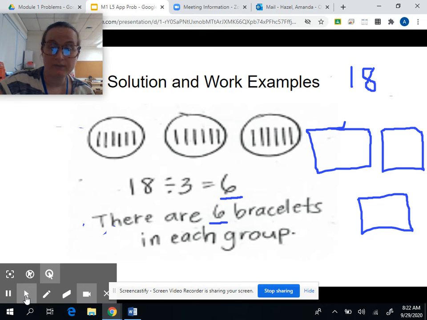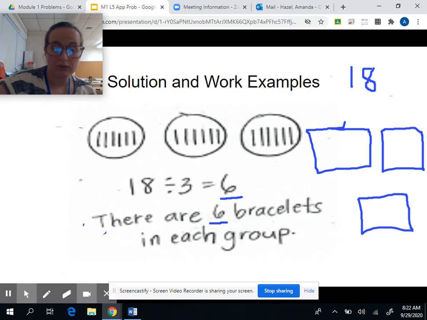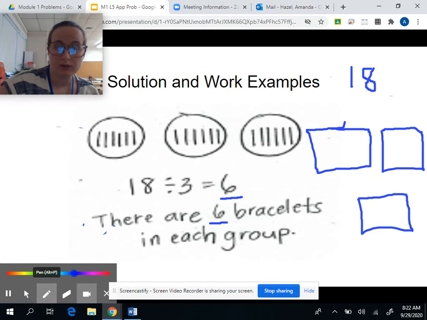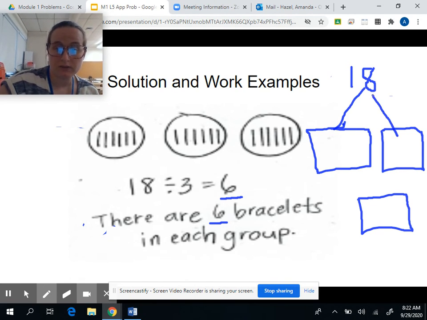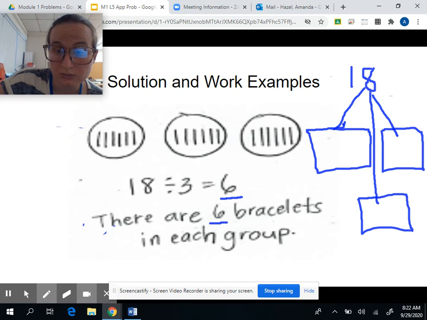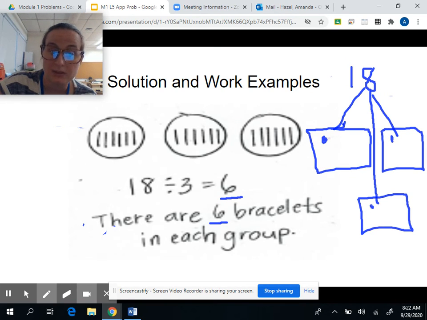So we know that these all together need to give us 18. So we give out 1 at a time. 1, 2, 3. But we have to keep track, right? Because we stop at 18 because that's how many we have.